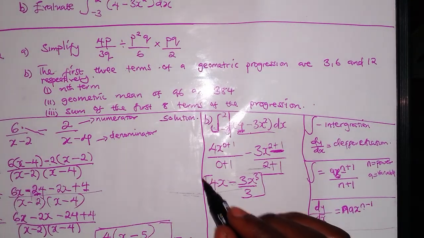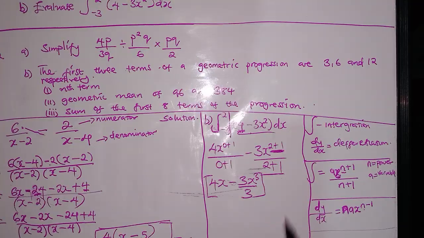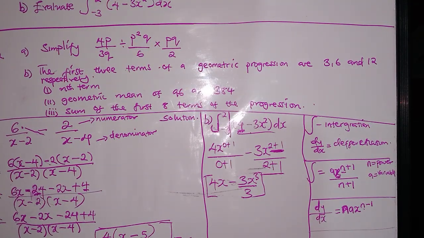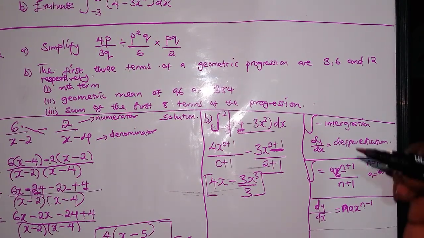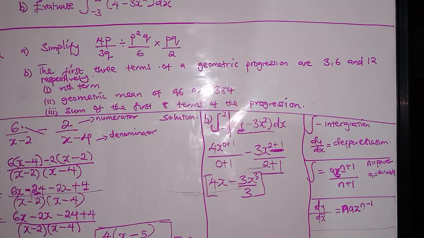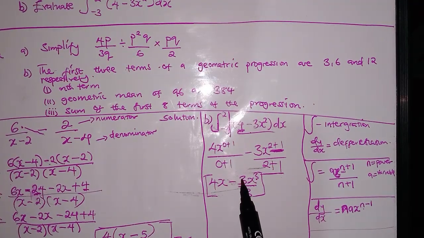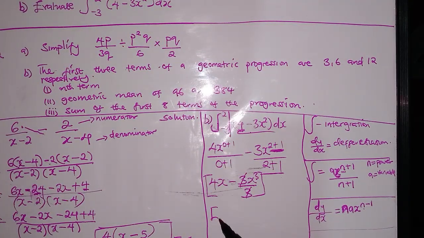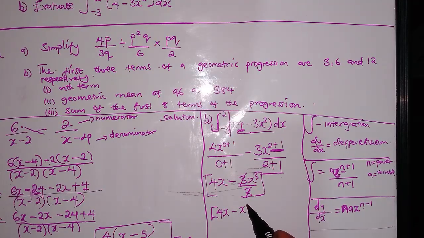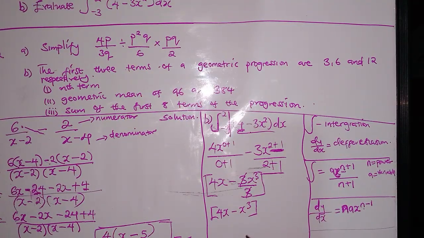Once you reach here, look for any way you can simplify the fraction. If you can simplify it, simplify. But if you cannot, leave it the way it is. In our case, we have 3 divided by 3, which you can cancel. So our final equation will be 4x minus x to the power 3.